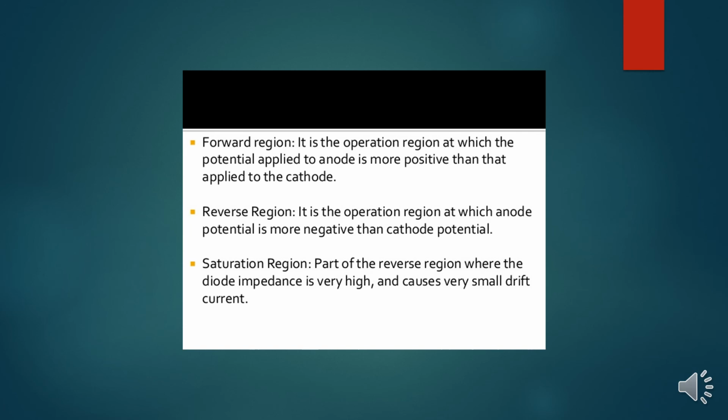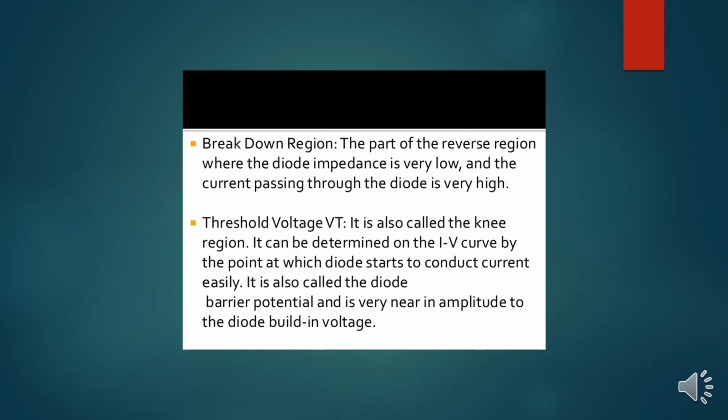It is the part of the reverse region where the diode impedance is very high with very small drop. This is the saturation region. And next is the breakdown region. It is the part of the reverse region where the diode impedance is very low and the current passing through the diode is very high. That is the breakdown region.